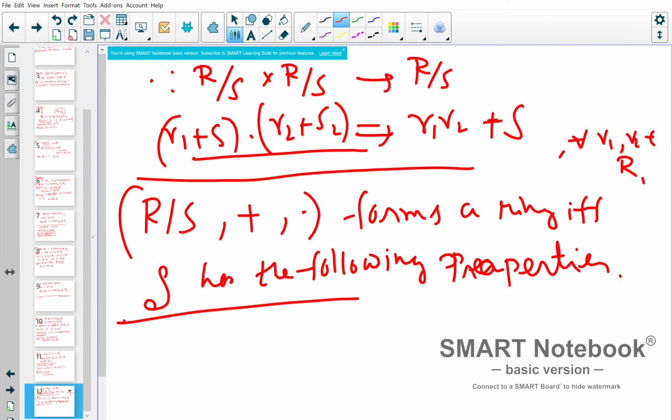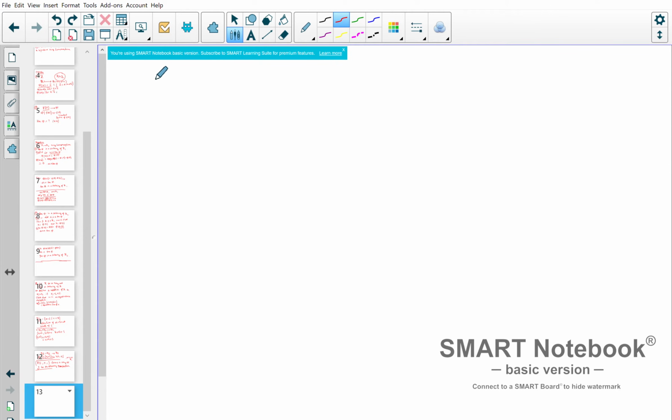Now, what does that mean? Let me find out. Suppose R1 is inside this class, R1 plus S, and you choose R2 inside R2 plus S, the equivalence class.